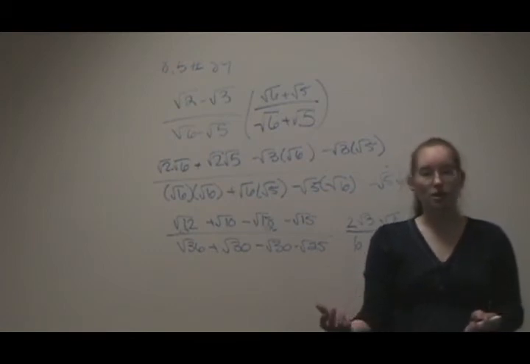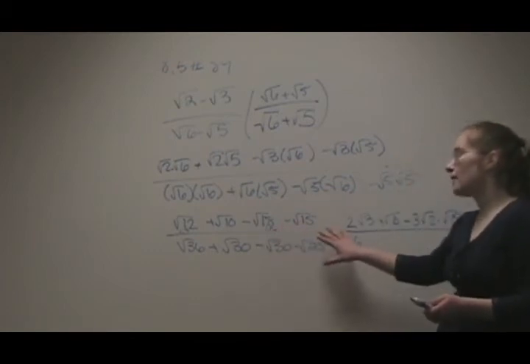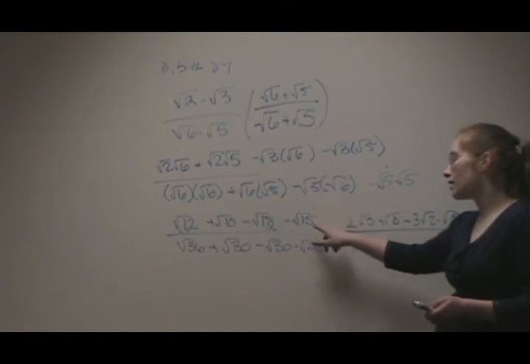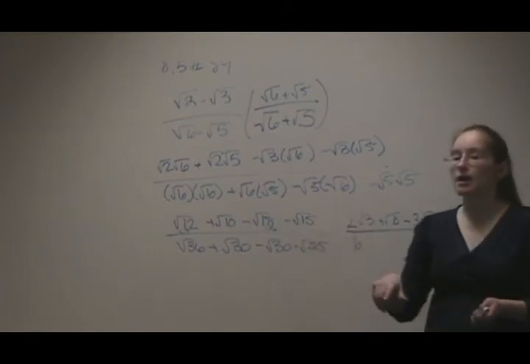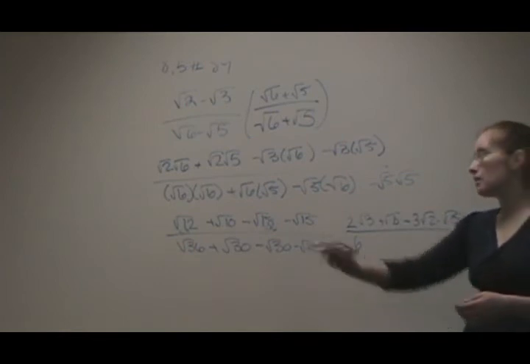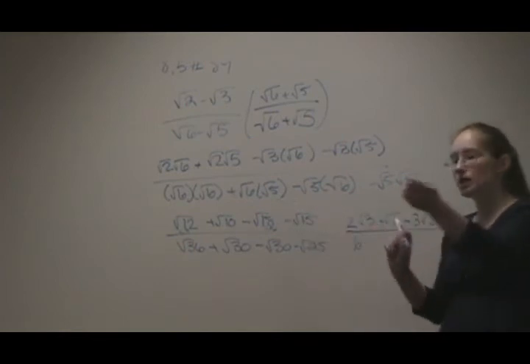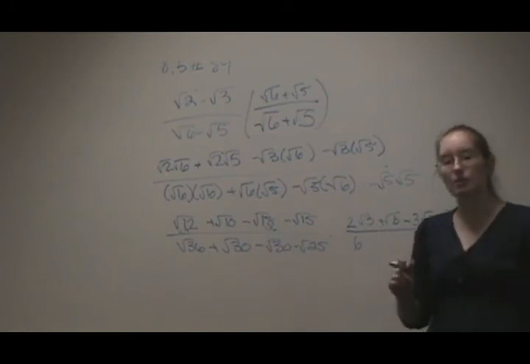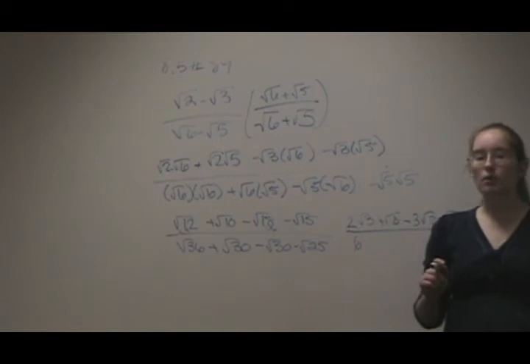They're unlike terms. Consider the radicals just like variables: if the number under the radical is not the same, then you can't combine them. So don't fall into that trap of thinking you can. Just like the multiplication rule, we can split them up and put them back together, but you can't do the same with addition and subtraction.